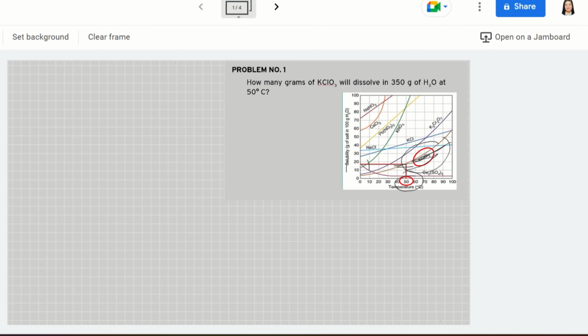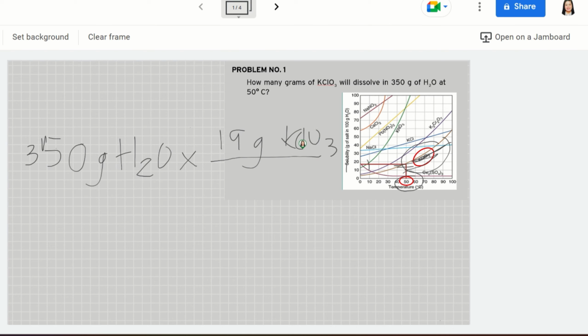So let's first point out the grams of water that is indicated in the problem, which is 350 grams of water, times the assumed grams of potassium chlorate, which is 19 grams of potassium chlorate, over 100 grams of water, which is the standard in the table.